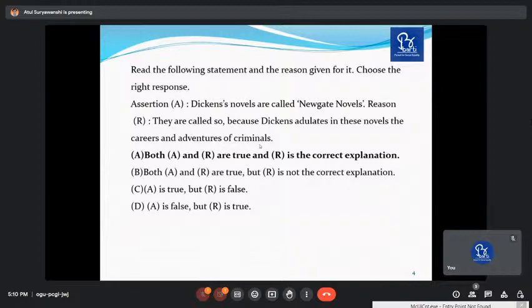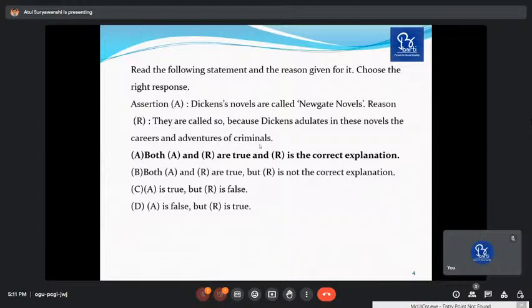Newgate novels are writings on those characters who are associated with the world of crime. Most of the characters are criminals. Having that crime-related background, these novels have a special feature, and Dickens is quite popular for writing them.